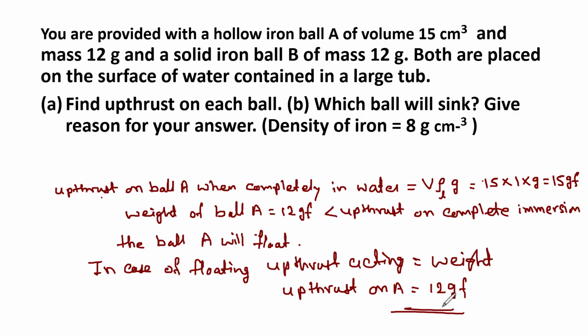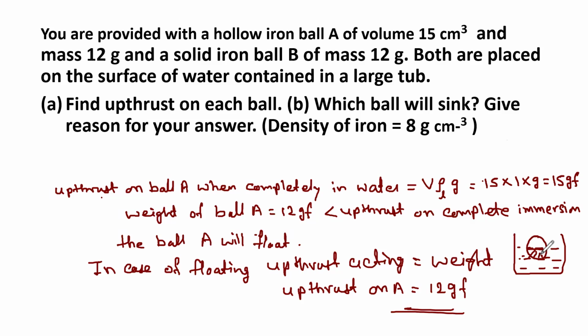It means the body will float. For example, if I make a diagram, ball A will be somewhat like this. Some part will remain inside water, only that much part whose upthrust is equal to 12 gram force and balances the weight.